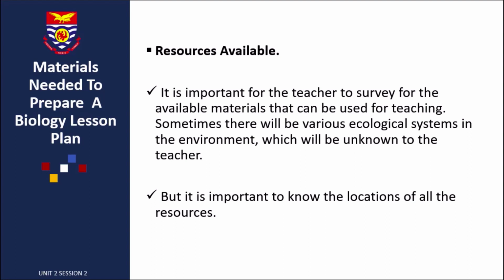Assuming you want to demonstrate that photosynthesis occurs when all the conditions necessary for photosynthesis are met. One, you have to get a microscope. That is one resource available. You have to get a leaf. That's also one resource available.